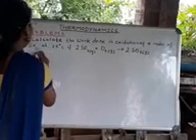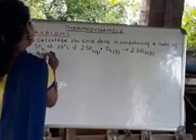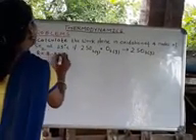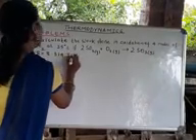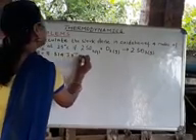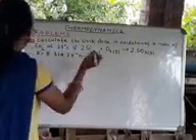R value is given as 8.314 joule K inverse mole inverse.